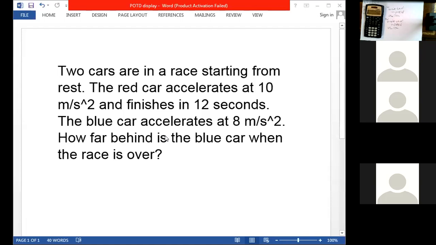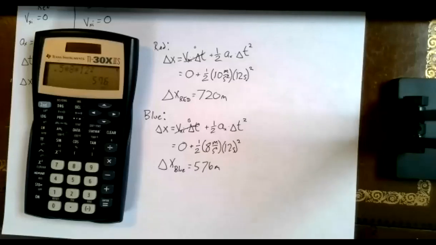It asked how far behind is the blue car when the race is over? So what do I need to do to get that final answer if I want to know how far behind? We need to subtract the 720 minus 576.